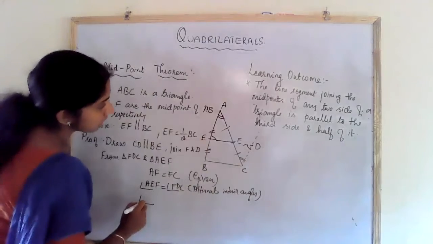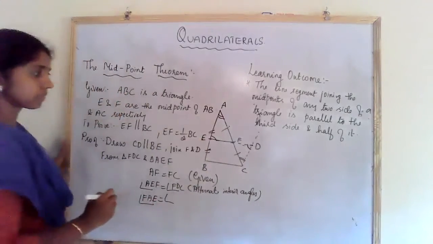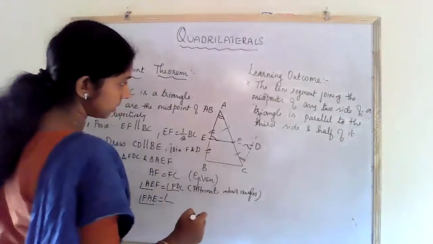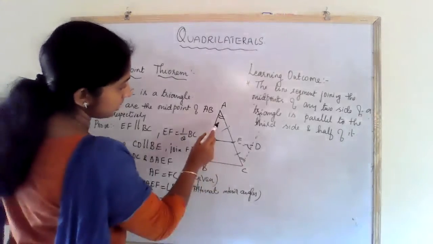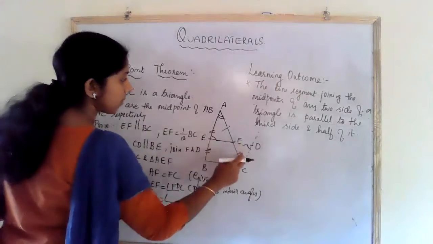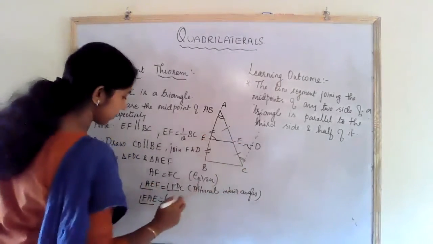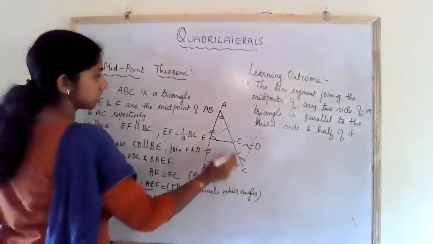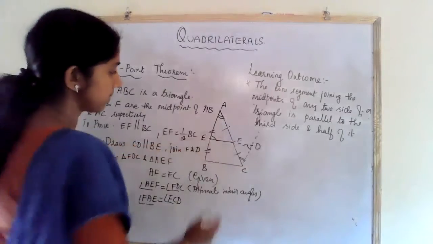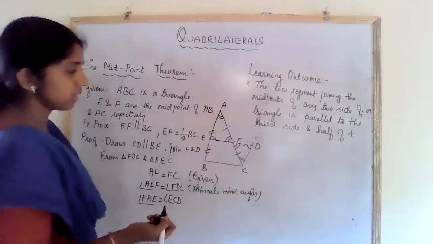Therefore, angle FAE is equal to angle FCD. And we also have vertically opposite angles.